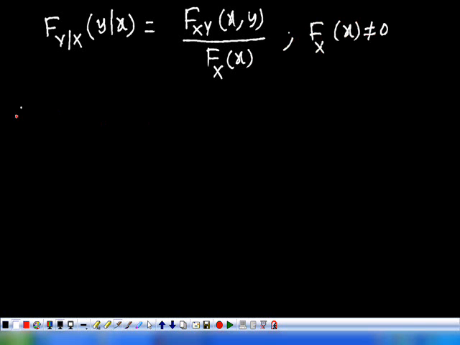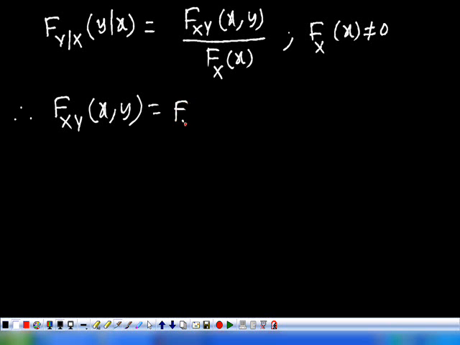Therefore, we can write this F_XY(x, y). See, all these relations are similar to what we already studied. We are simply replacing A with the event X less than or equal to x, and B with Y less than or equal to y. That is the difference.